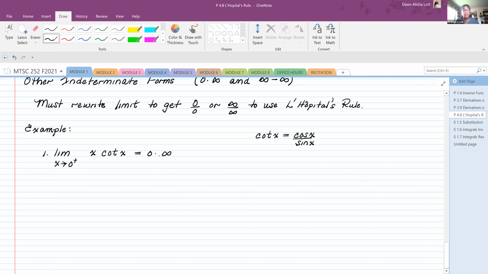So now I have 0 times infinity. And 0 times infinity doesn't help me at all because I'm stuck. If I could figure out a way to rewrite that, I would be in good shape. So let's try to figure out a way to write infinity as 1 over 0. So let's write this as the limit as x approaches 0 from the right. So I'm going to write this as x times, and now the cotangent is 1 over the tangent.